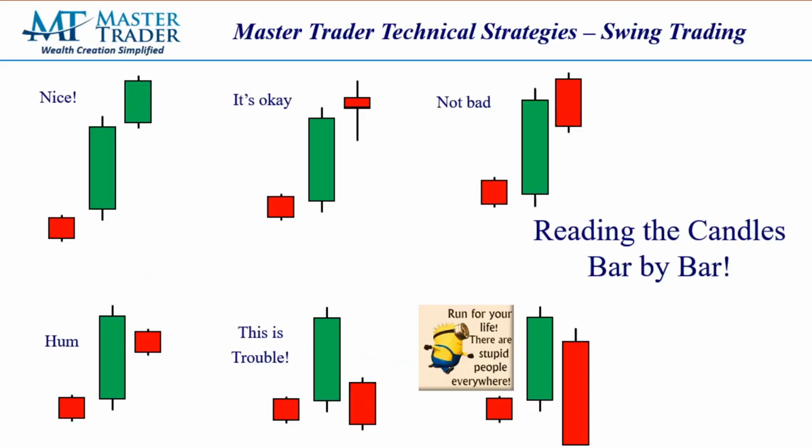So looking at these individual candles, if you read them bar by bar, you'll see that this concept is extremely simple but powerful. As we see the top one here, just imagine that you bought above the prior high of the little red bar.